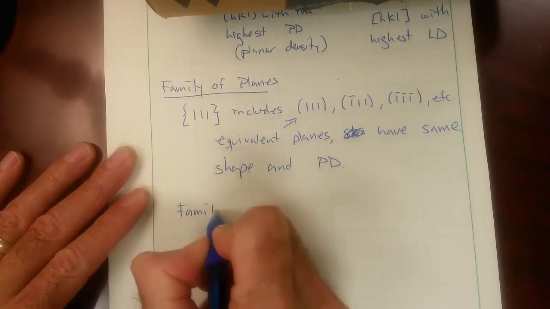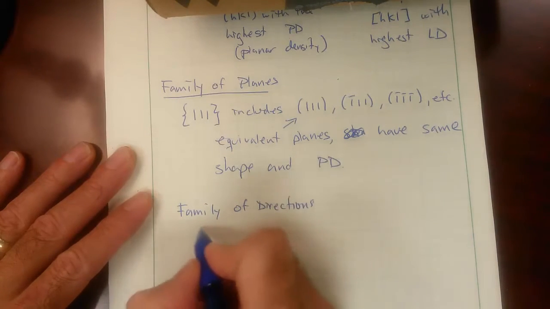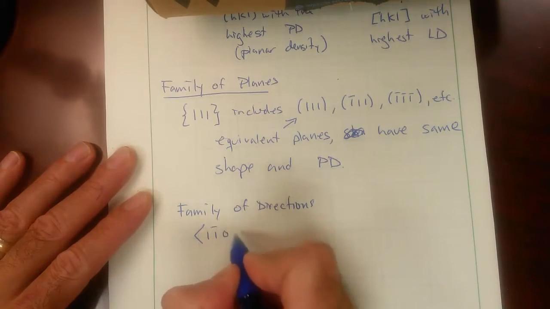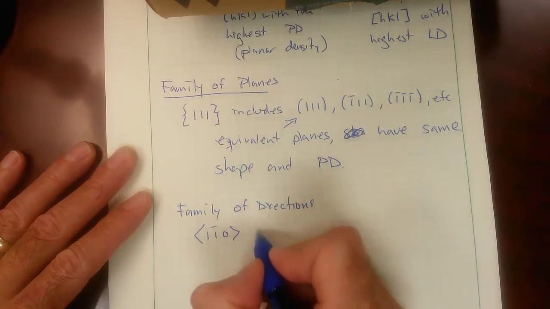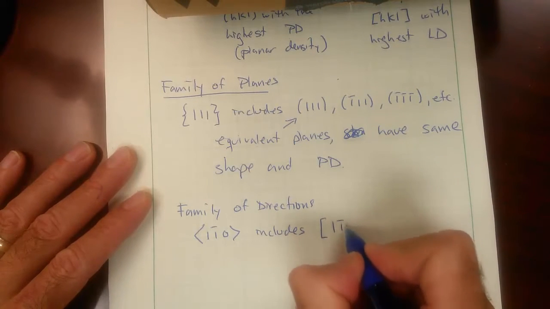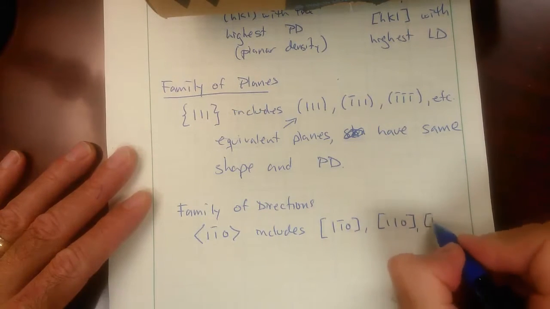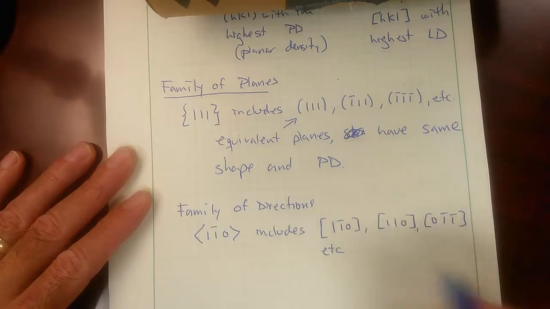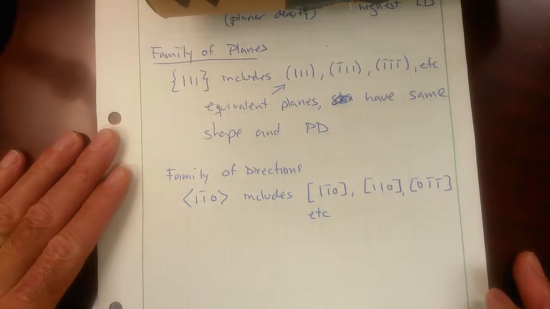Similarly, we will have a family of directions, for which we use these angled brackets. For example, 1, negative 1, 0 includes all of the directions 1, 1 bar 0, 1, 1, 0, 0, 1, negative 1, etc. All the combinations of zeros and two 1s or negative 1s.